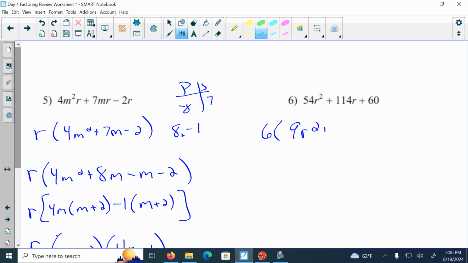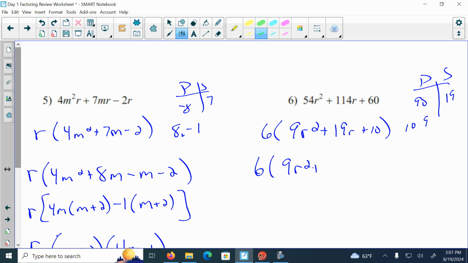So 9r squared plus 19r plus 10. So now my product is 90. My sum is 19, so I'm going to end up using 10 and 9. So 6, I'm probably going to write as 9r plus 10r.